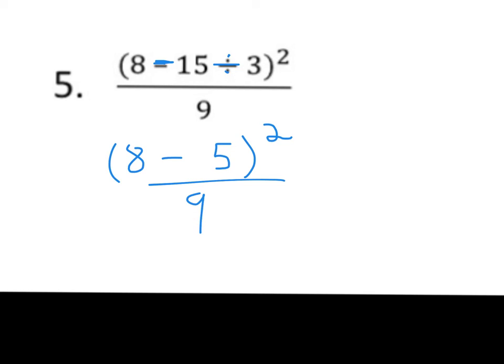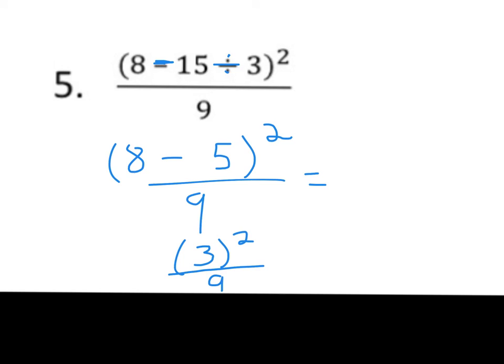Still doing what's in the parentheses first. 8 minus 5, 3. Bring down the parentheses, bring down the squared, bring down the division bar, bring down the 9.